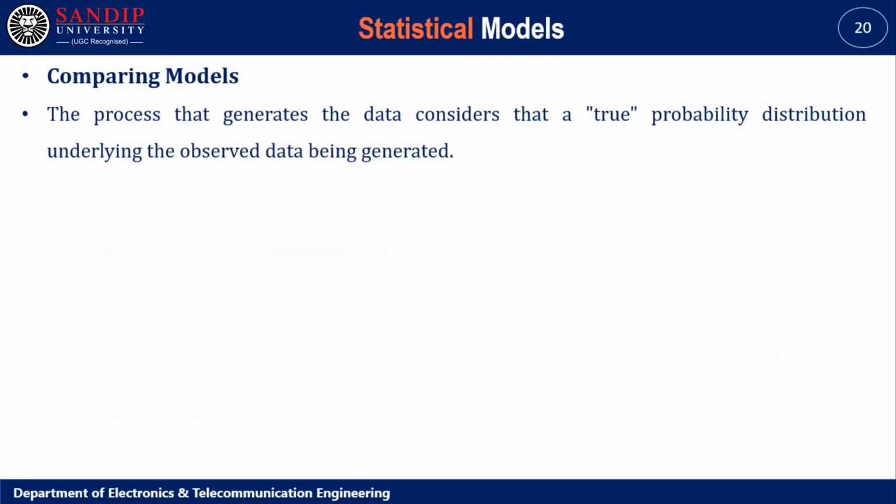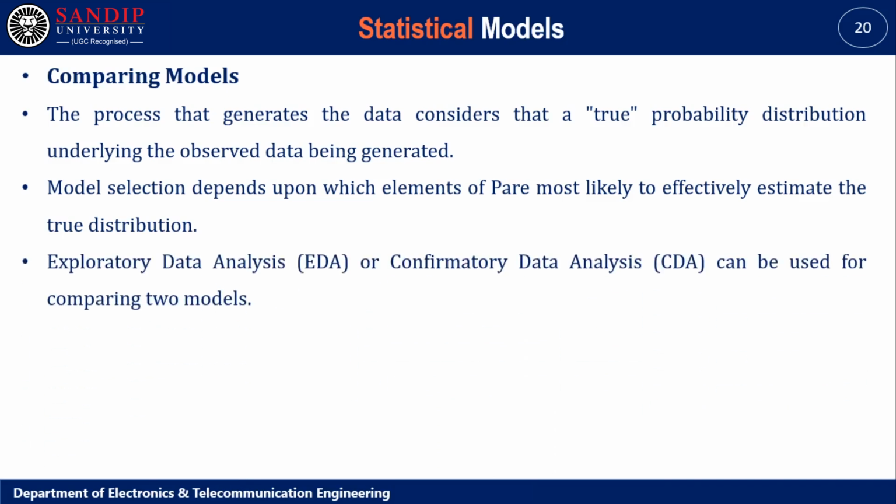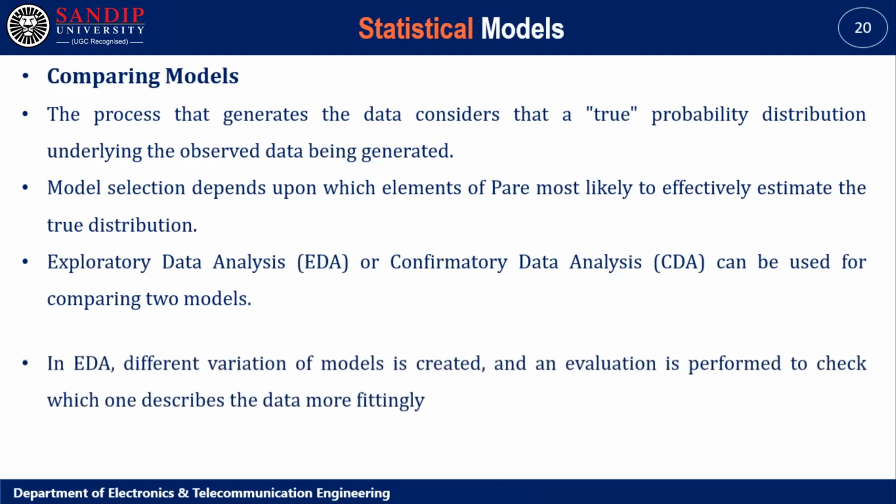Comparing models. The process that generates the data considers that a true probability distribution underlies the observed data being generated. Model selection depends upon which element of the pair is most likely to effectively estimate the true distribution. Exploratory data analysis, that is EDA, or confirmatory data analysis, that is CDA, can be used for comparing two models.